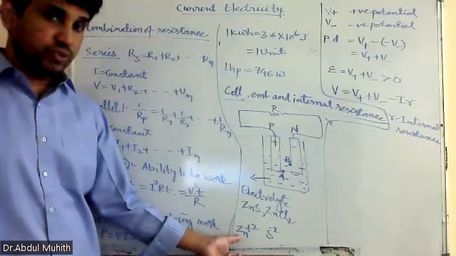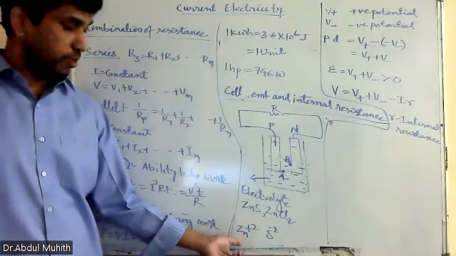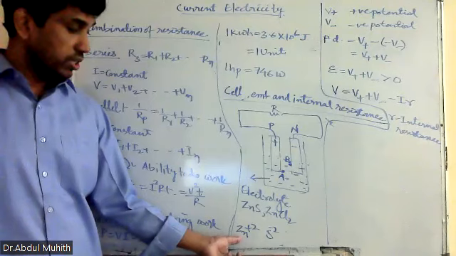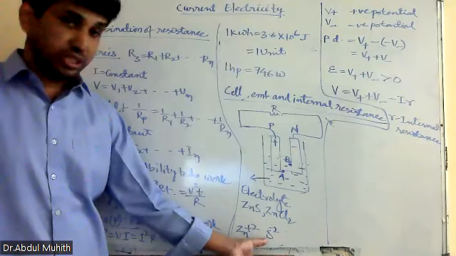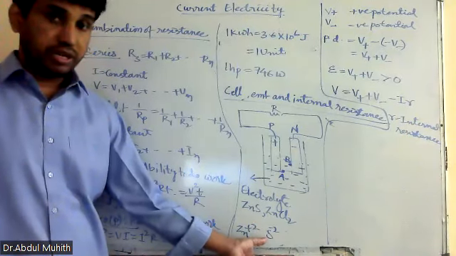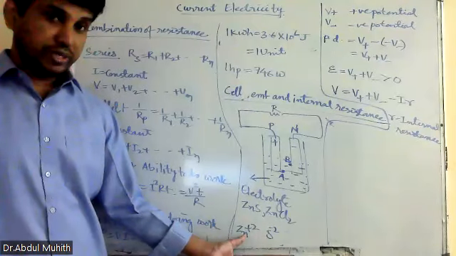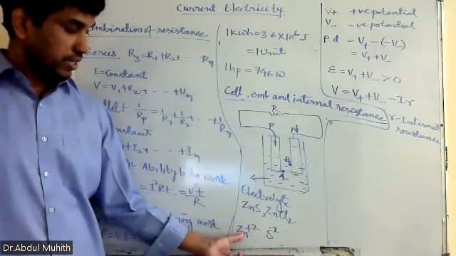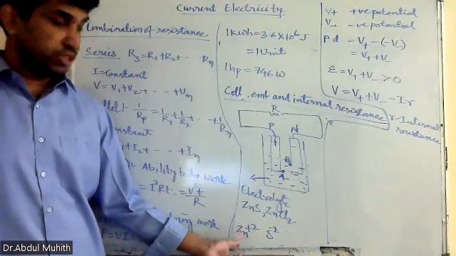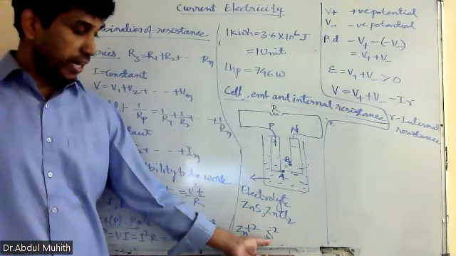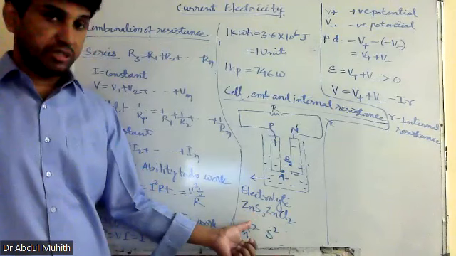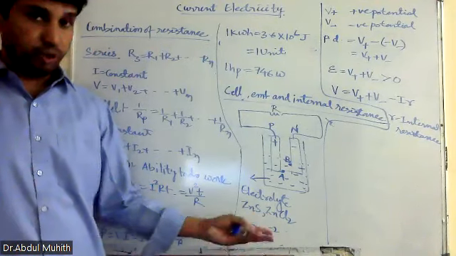So cation will move towards what? Cation is moving towards the negative electrode, and anion will move towards the positive electrode. Cations move towards the negative plate, and anions move towards the positive plate. Opposite plates.